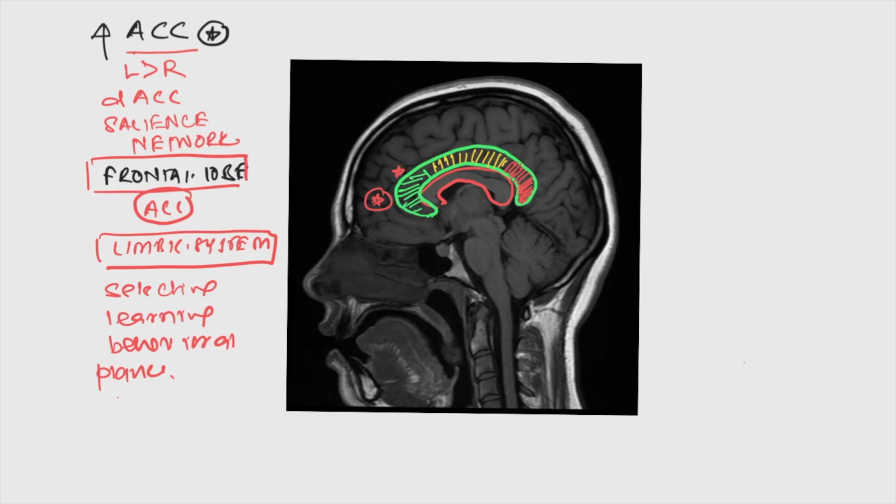Another function of the anterior cingulate cortex is something we know from our depression talk. The anterior cingulate cortex is also responsible for the top-down control over your amygdala, right? So it's responsible for the top-down control of your emotions, right?